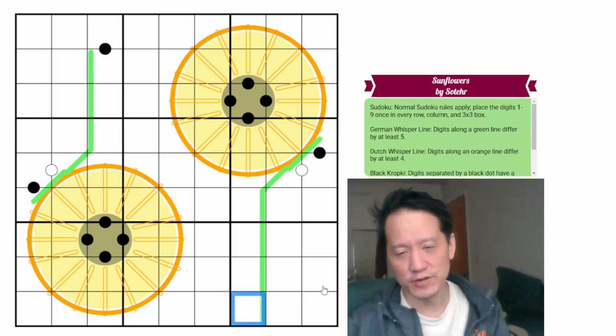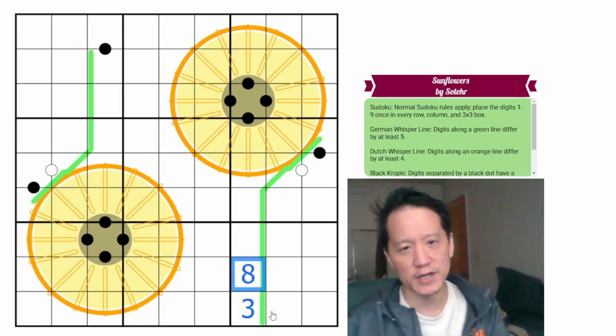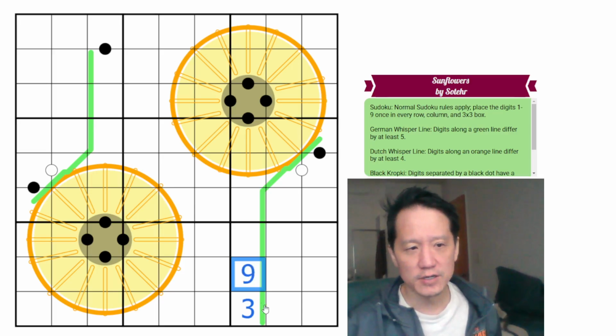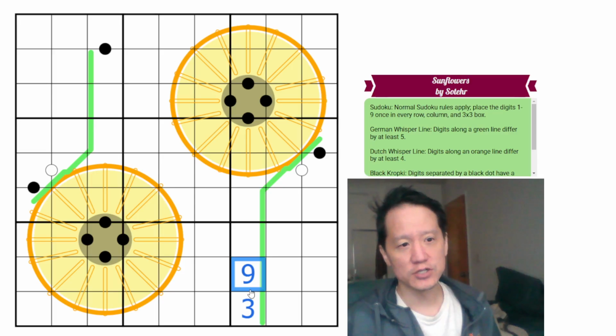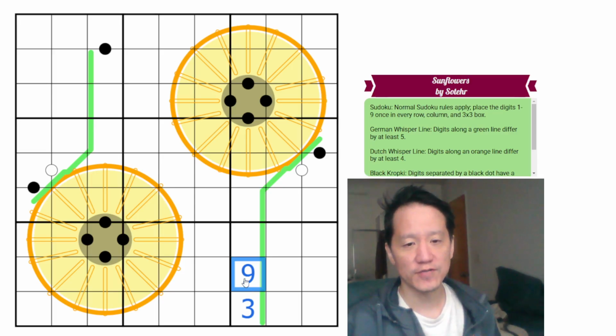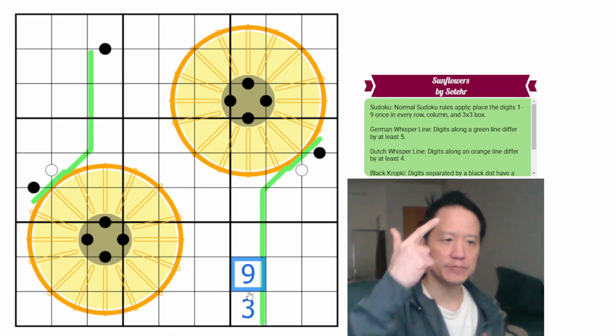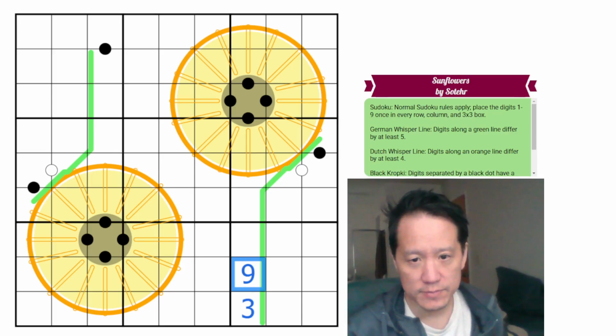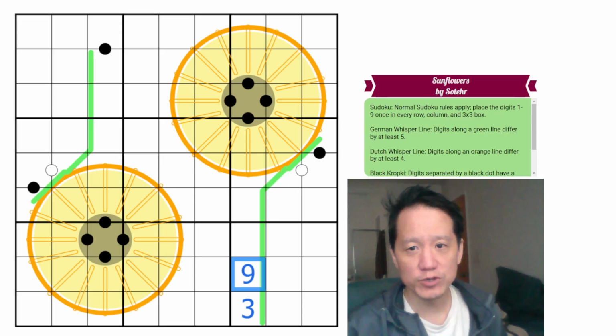So for example, if this were a 3, this would have to be an 8 or a 9, because adjacent digits on a German whisper line must differ by at least 5, and the only digits that differ from 3 by at least 5 are 8 and 9. So that's German whisper lines.